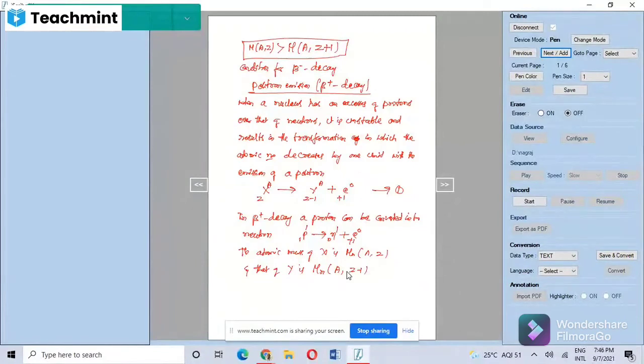So Mn of A comma Z is the nuclear mass of the parent nucleus, and Mn of A comma Z minus 1 is the nuclear mass of the residual nucleus or the daughter nucleus. When a positron is emitted, the energy released in this equation is also equal to Q.